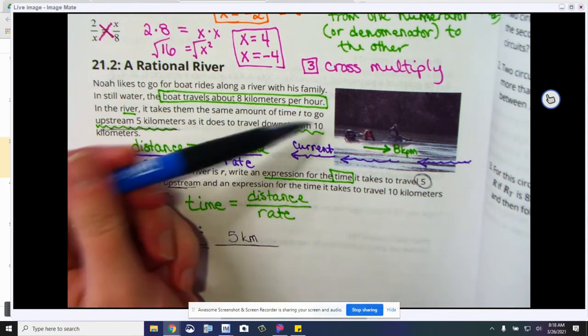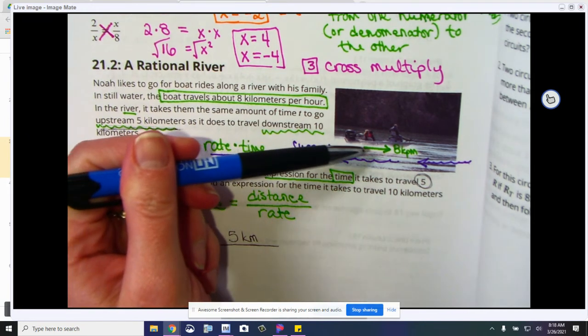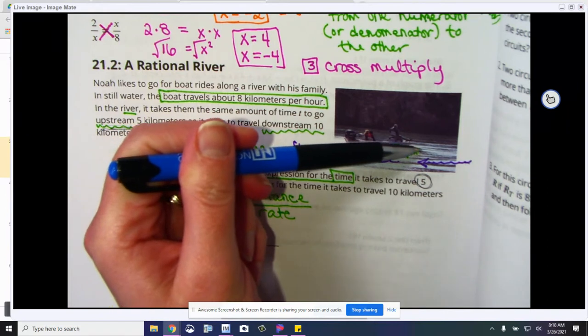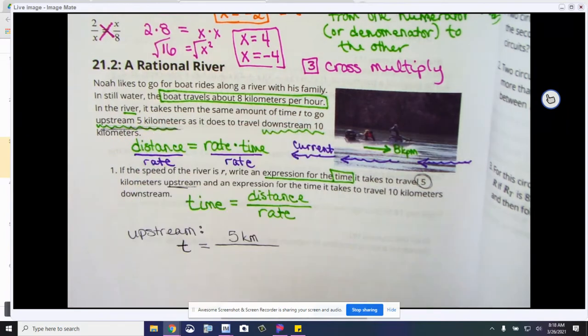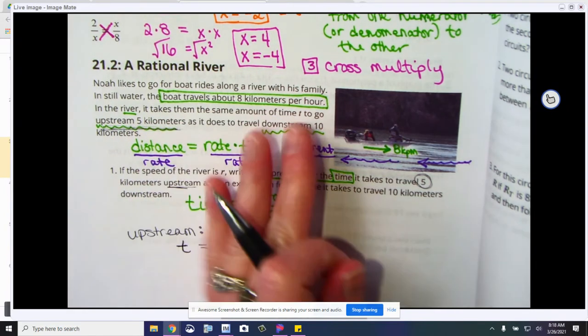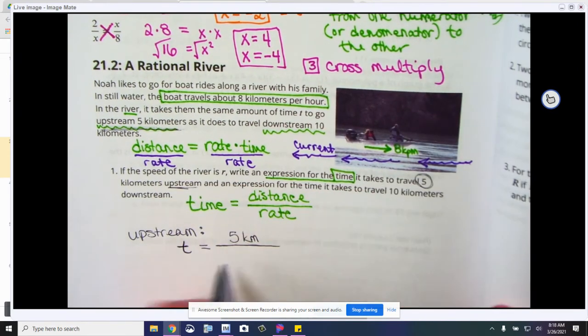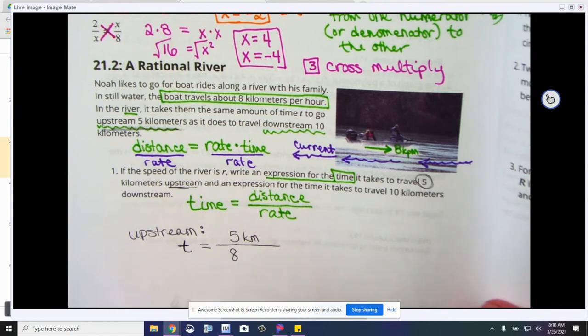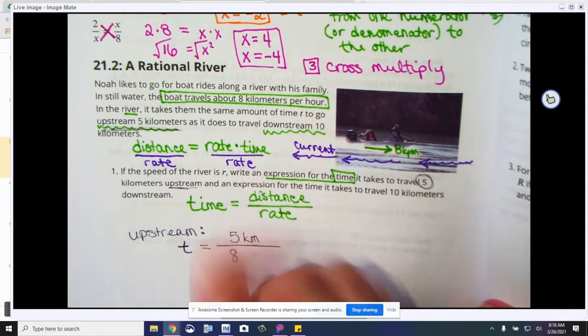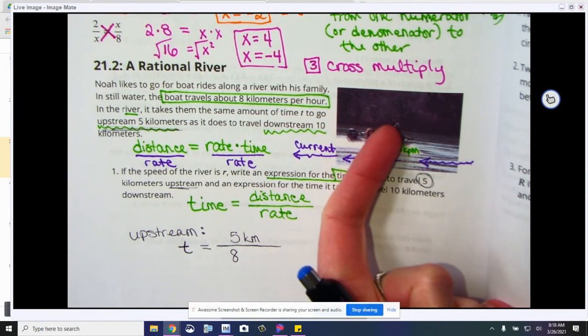Now, if they are going upstream, it means that they are fighting the current. So while the boat is trying to go 8 kilometers per hour, that's the start of our rate, 8, because the boat is trying to go 8 kilometers per hour in this direction.